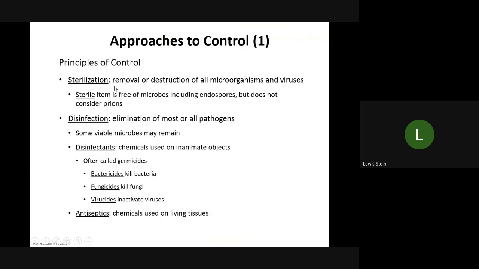Sterilization. What does it actually mean? Removal or destruction of all microorganisms and viruses. The definition of sterilization does not include prions. You might remember early on, prions are these interesting misfolded proteins, like mad cow disease.